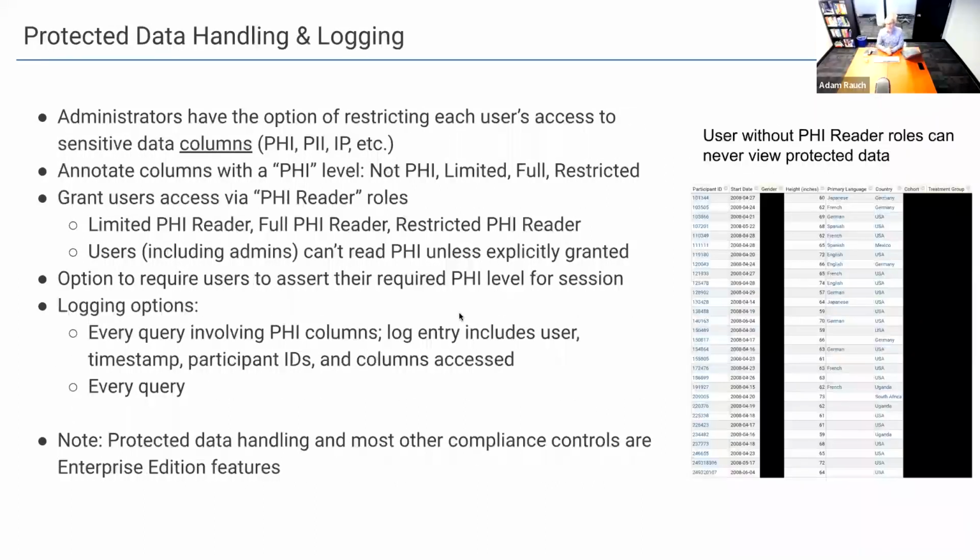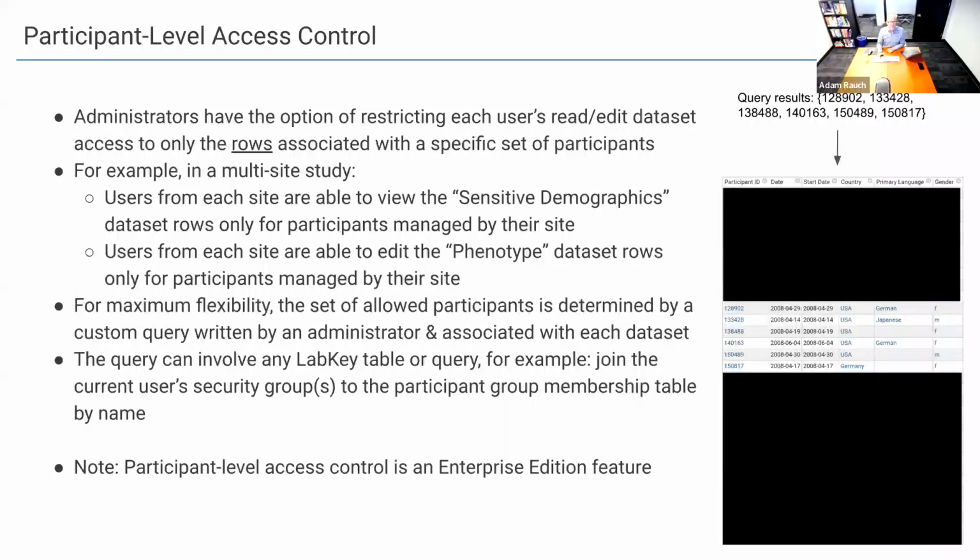Okay, so for HIPAA compliance, protected data handling and logging is absolutely critical. This is in some ways the key feature built into LabKey for handling protected information. If you remember on the previous slide, we talked about restricting by rows.